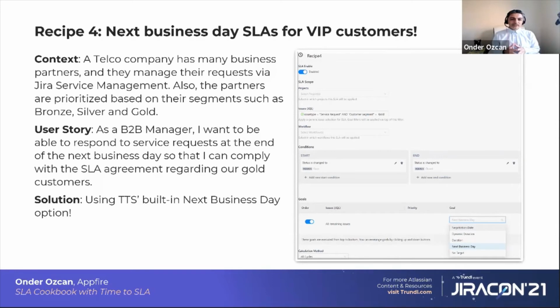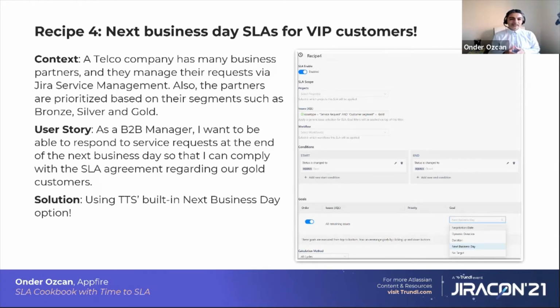So the solution is using Time to SLA's built-in goal functionality. As you can see on the right-hand side, we have the SLA definition UI here. So all we need to do is obviously name the SLA, giving the project or issues or workflow, whatever suits your needs.